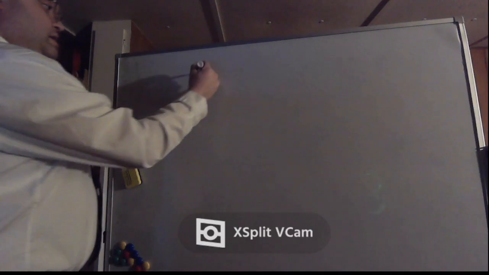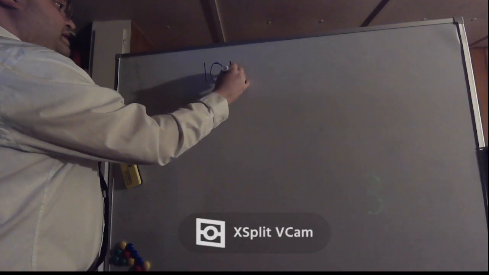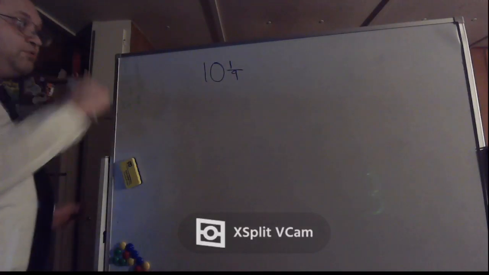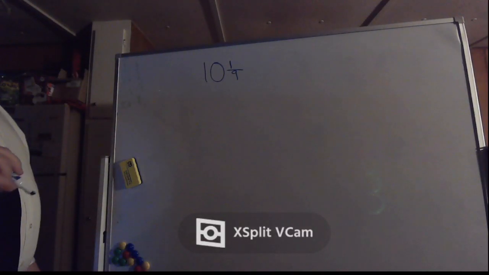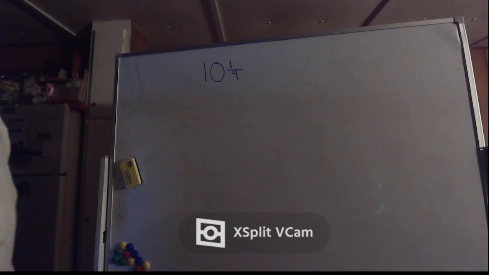I got one more example here. Let's say I give you 10 1/9. So that mixed number of 10 1/9, you got to convert it into an improper fraction. Well, how do you go about doing that exactly?